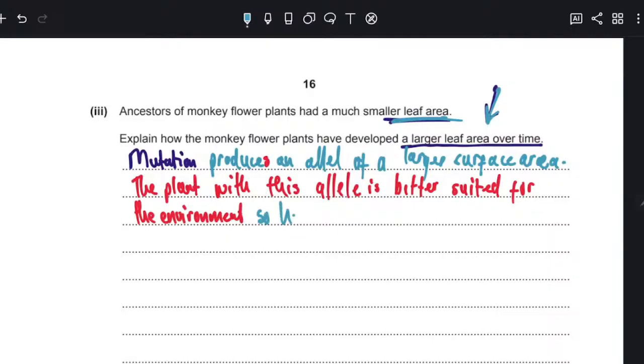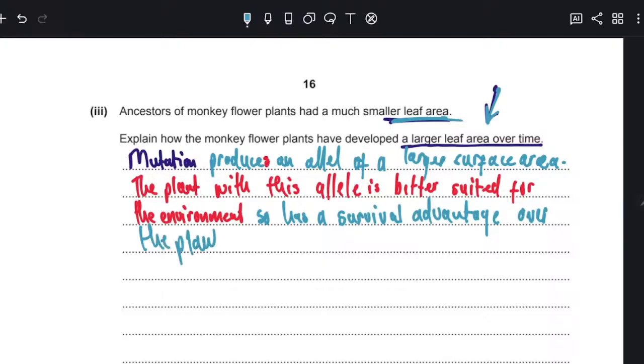So it has a higher or a better, or you can say, has an advantage or a survival advantage over the plants with a smaller leaf area. Okay?